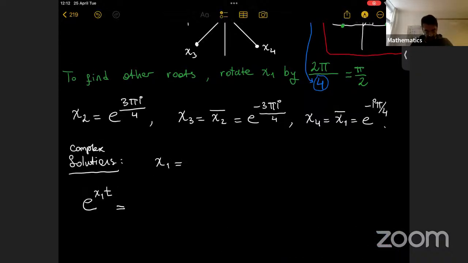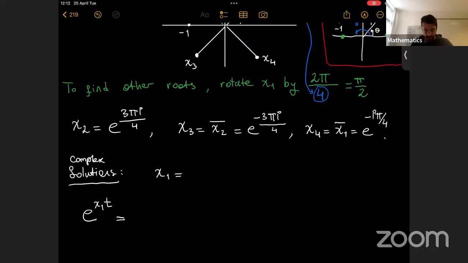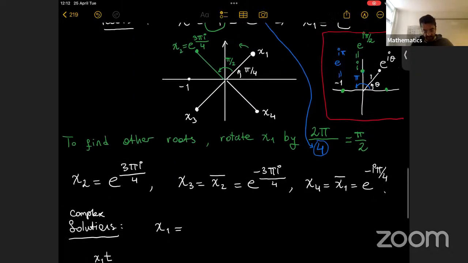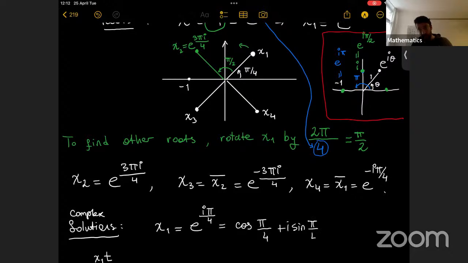Lambda 1 is e to the i pi over 4, which is cosine pi over 4 plus i sine pi over 4. And cosine pi over 4 is root 2 over 2 plus i times root 2 over 2.